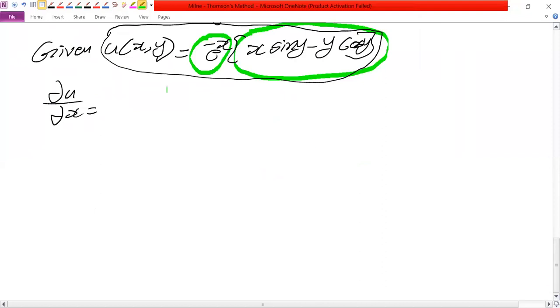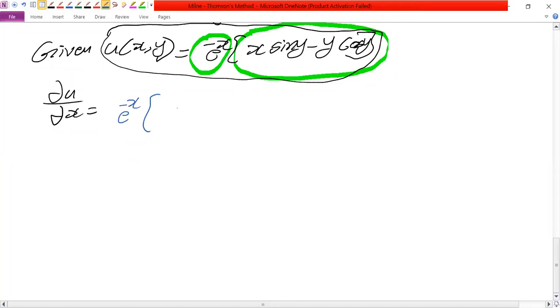When we apply the differentiation of uv formula, what are we going to get? U into v dash, where u is e power minus x, into the differentiation of the second factor partially with respect to x, treating y as constant.